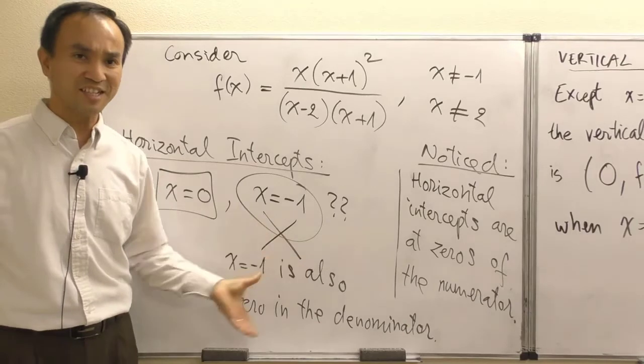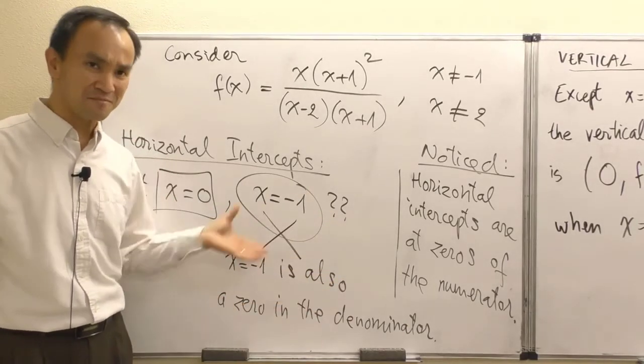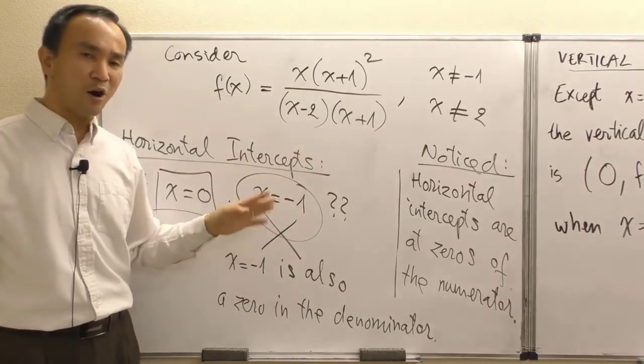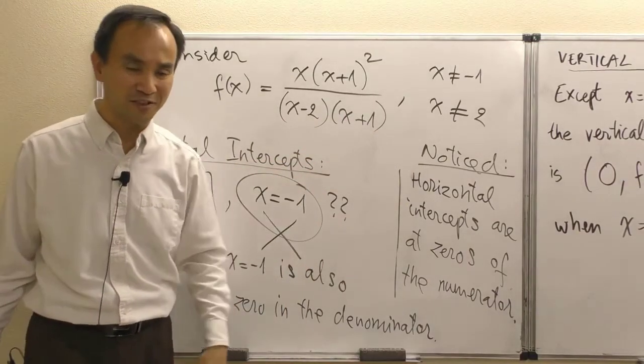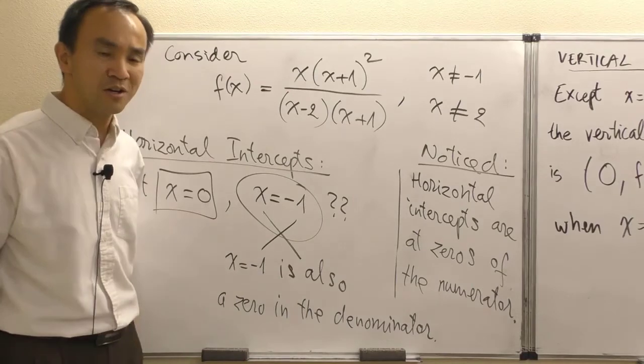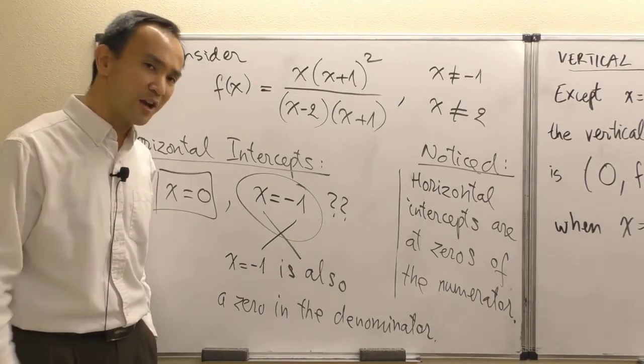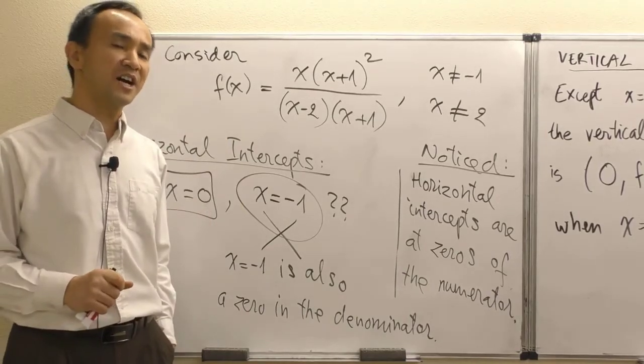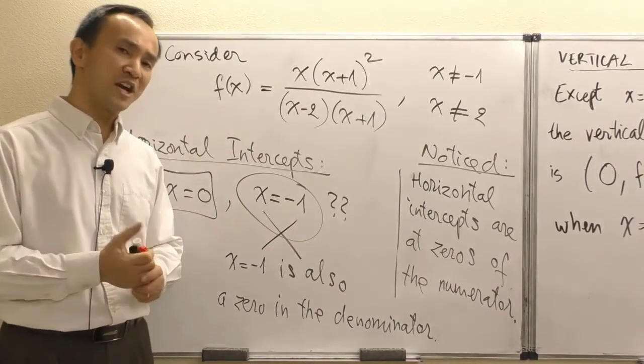I see this as a filtering criteria to filter out the candidates, and only the ones that pass through that filtering will be accepted as the horizontal intercepts. And that now formulates our general guideline for how to find a horizontal intercept.